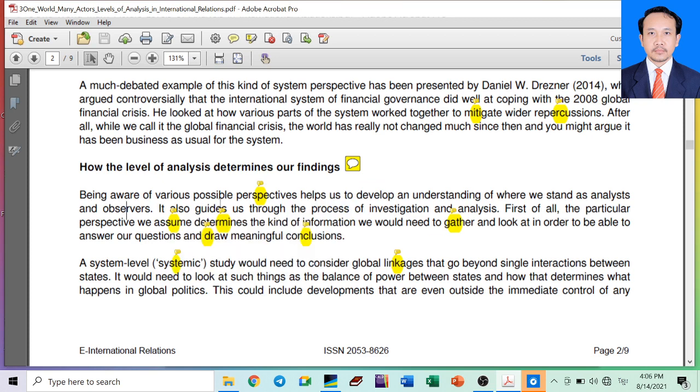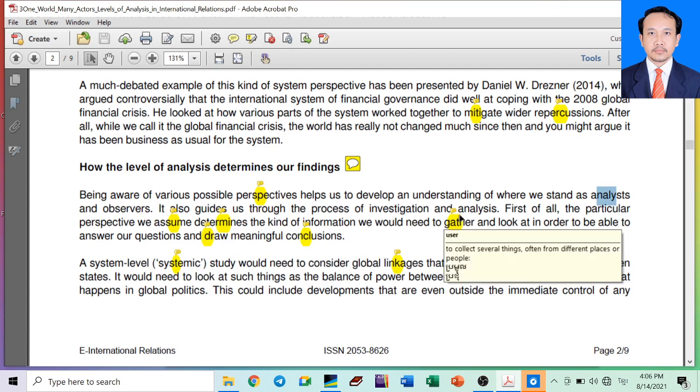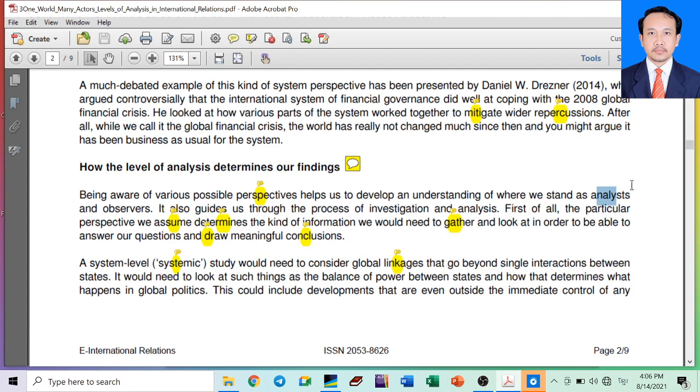Being aware of various possible perspectives helps us to develop an understanding of where we stand as analyst and observer. It also guides us through the process of investigation and analysis. First of all, the particular perspective we assume determines the kind of information we would need to gather and look at in order to answer our questions and draw meaningful conclusions.